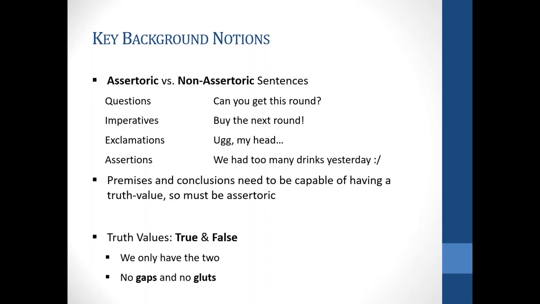The other thing that we're going to have to do is we're going to assume that when it comes to at least assertoric sentences, truth and falsity are exhaustive. And what we mean by that is that every assertoric sentence is either true or false. Every assertoric sentence is true or false. It has a truth value. And no assertoric sentence is both true and false. Put another way, there's no truth value gaps.